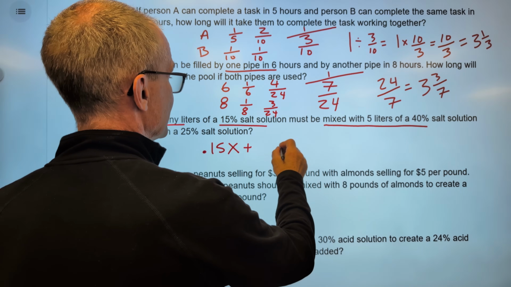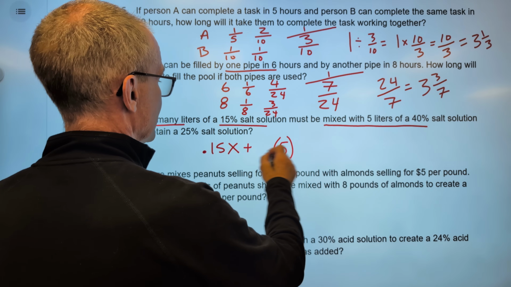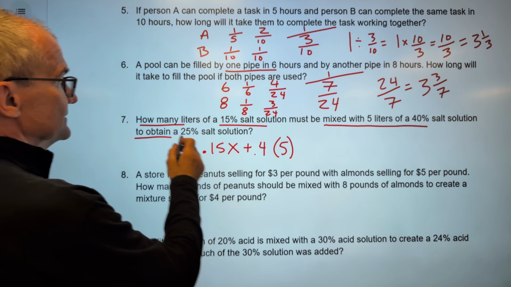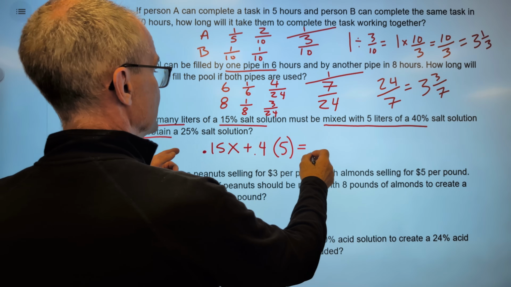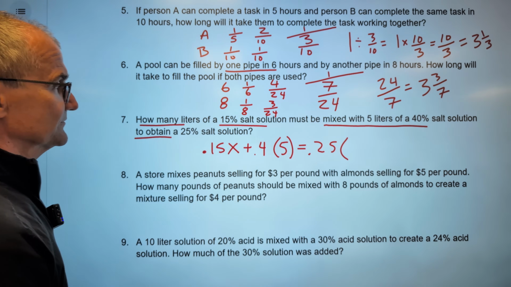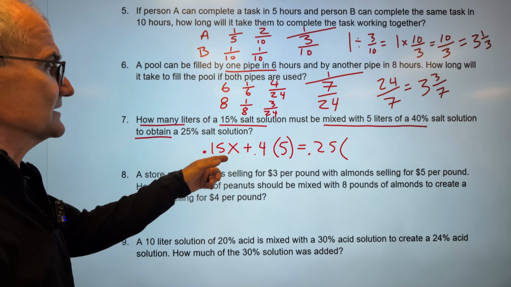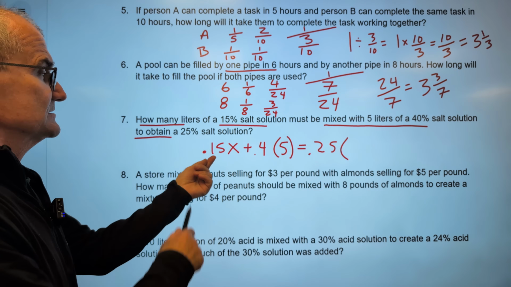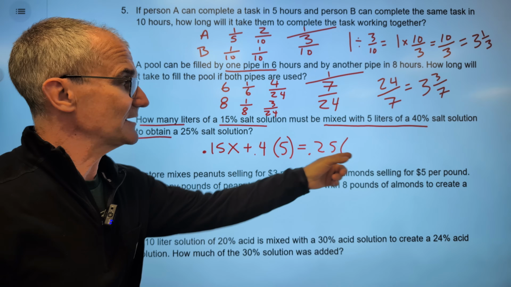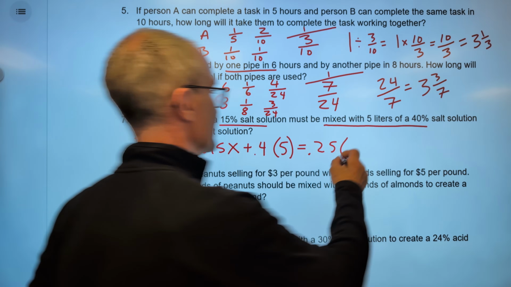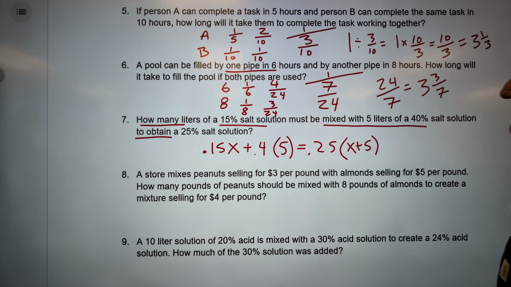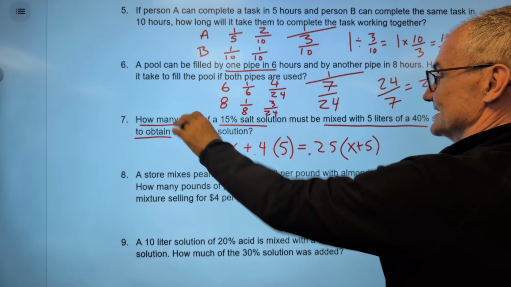So I do have that amount, 5 liters of 40% to obtain 25% of the total amount. 15% of x, that's the amount of this solution. This is the amount of this solution. The amount here is that plus that, or x plus 5.